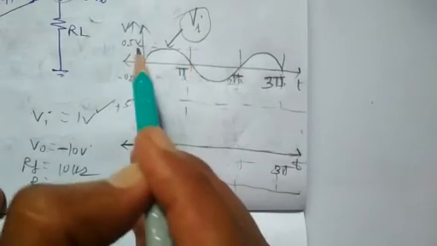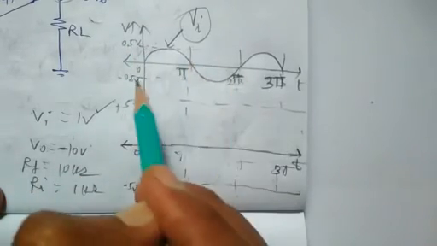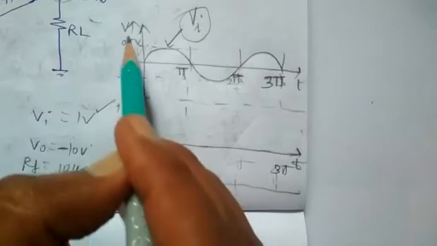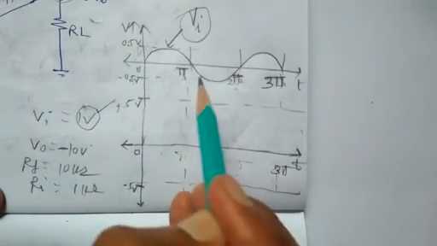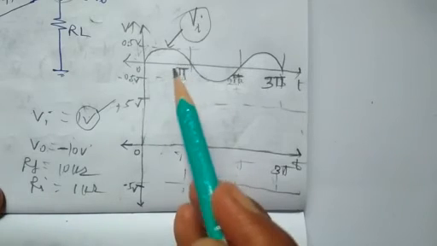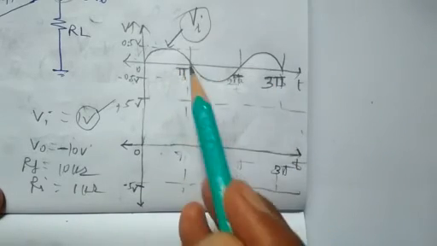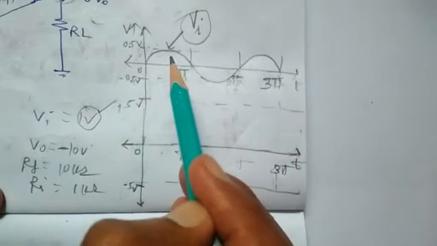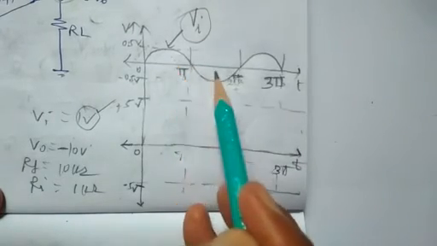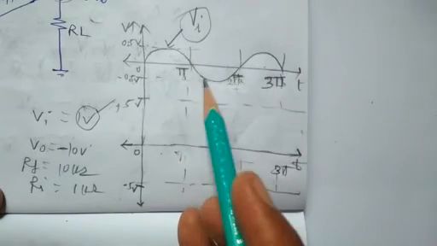Upper peak is 0.5 volt and lower peak is minus 0.5 volt. So peak to peak value 0.5 volt to minus 0.5 volt, totally it will be 1 volt. And here it is drawn for 1.5 cycles, that is on positive peak, negative peak, followed by positive peak.